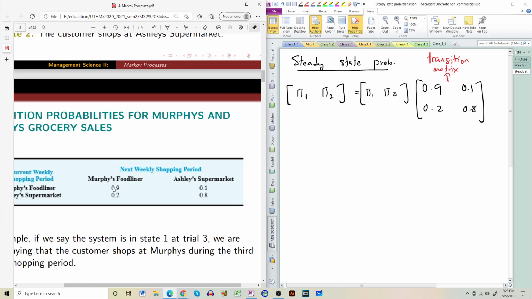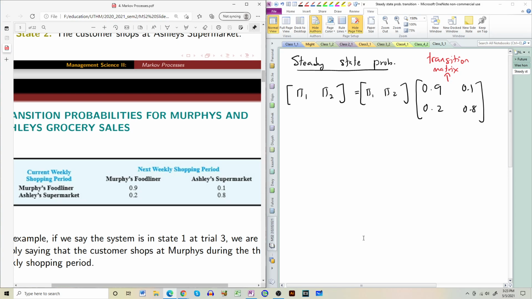You see this one: 0.9, 0.2, 0.1, 0.8. Copy here. Now once you copy, all we have to find is the value for pi 1 and pi 2 by using matrix computation. So let us do this now.